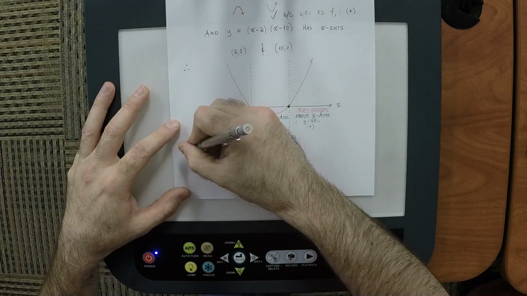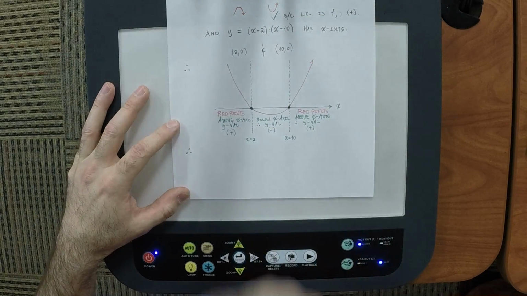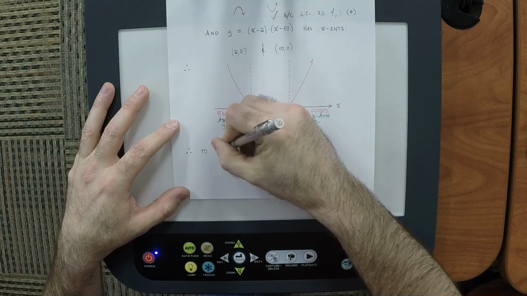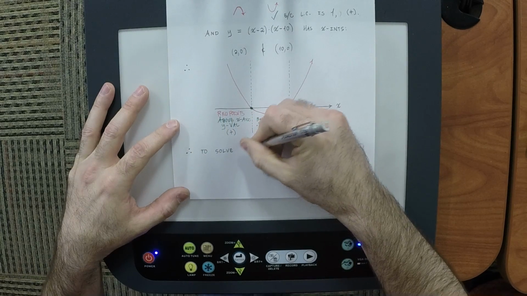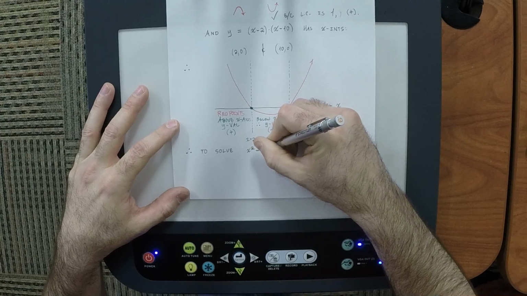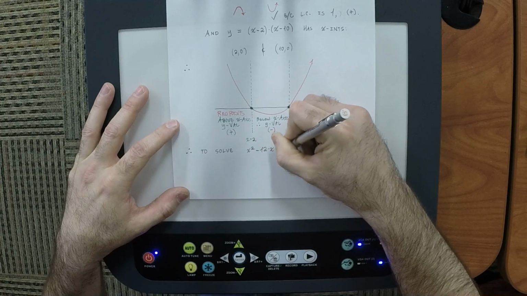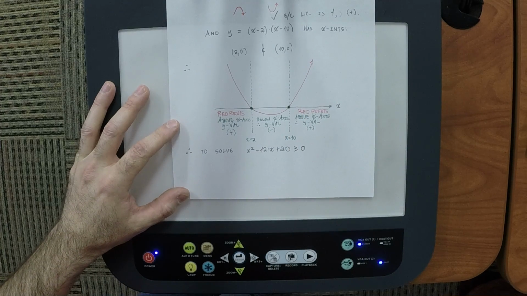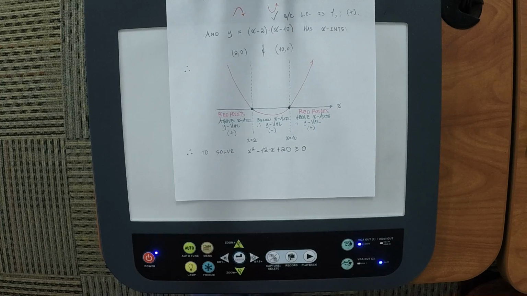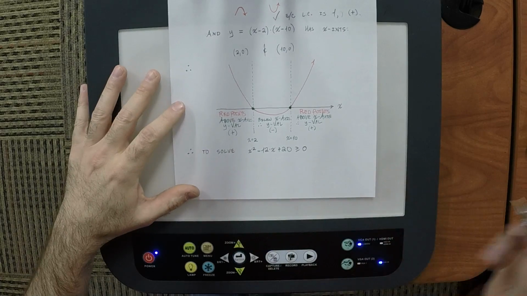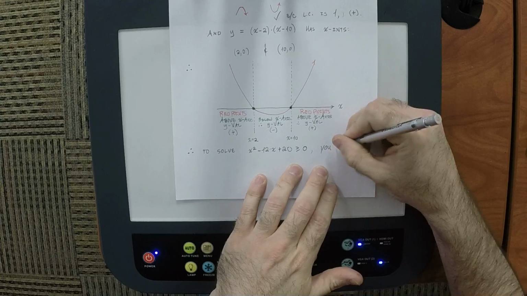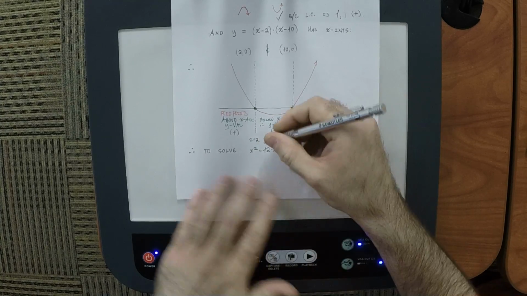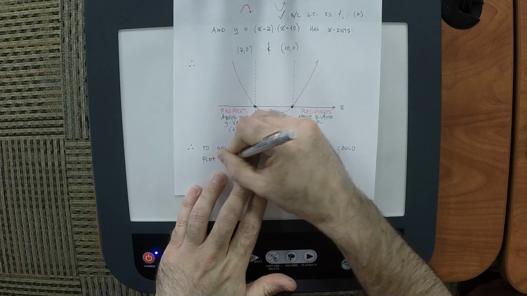So, therefore, to solve x squared minus 12x plus 20 greater than or equal to 0, one way to solve it, a separate way, if the exercise didn't explicitly say you've got to use a sign chart, one way to solve this you could plot and report.